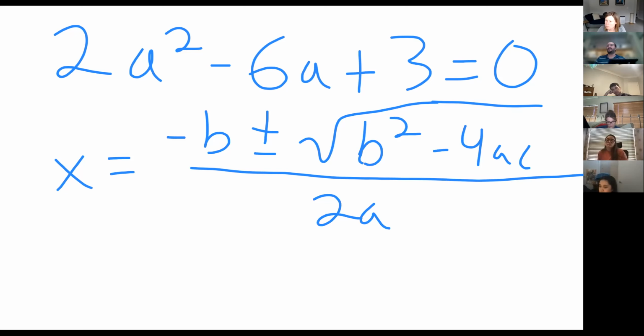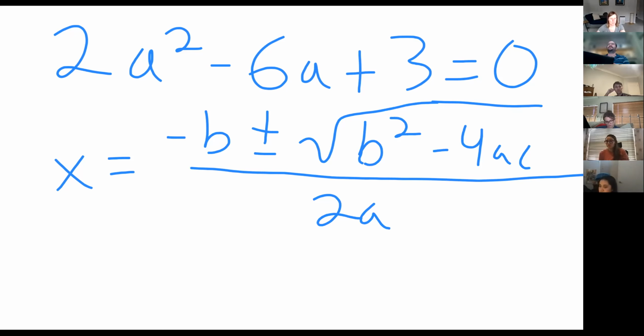Quadratic formula is big and bulky, right? It's the big gun that gets everything done. It's not necessarily the best tool all the time, but if you don't know how to factor it, if you're completely lost or forgot factoring, this thing will get you there. On the test, it might specify how to solve it, by factoring or by quadratic formula.